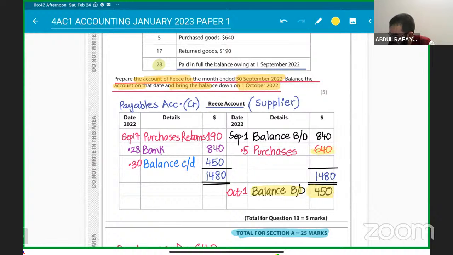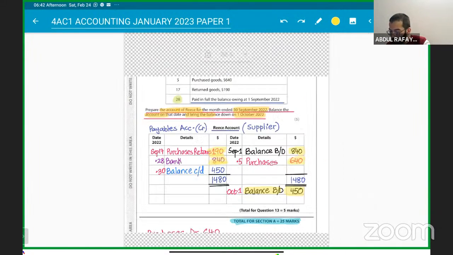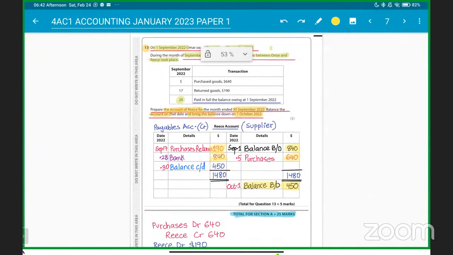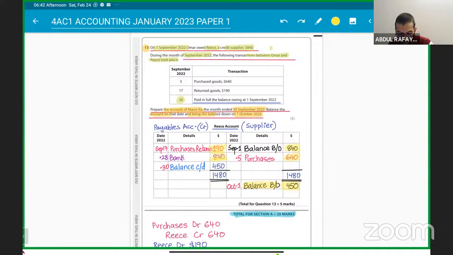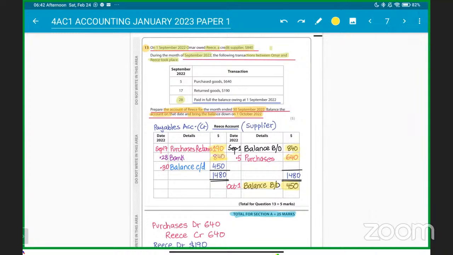Okay. Understood? Got this clear? Fifth mark is here. Second mark, third mark, fourth mark, and fifth mark. Okay. Got this clear? Understood? Do take a screenshot of this as well and see if there's any problem, any issues. Let me know about it. Okay.